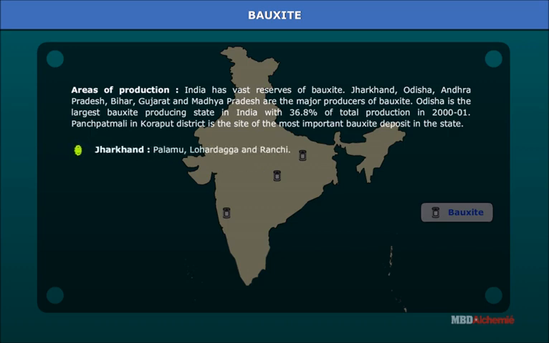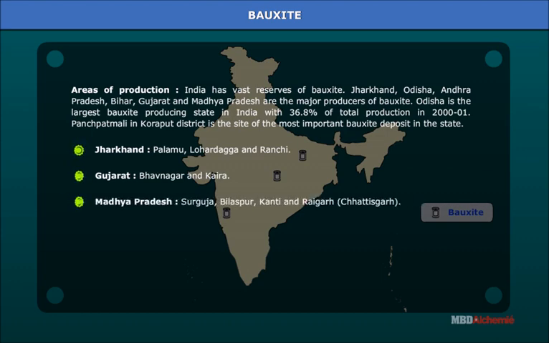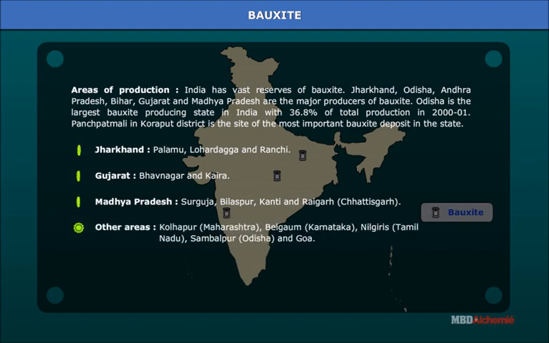Jharkhand: Palamu, Lohardaga and Ranchi. Gujarat: Bhavnagar and Kaira. Madhya Pradesh: Surguja, Bilaspur, Katni and Raigarh, Chhattisgarh. Other areas: Kolhapur, Maharashtra, Belgaum, Karnataka, Nilgiris, Tamil Nadu, Sambalpur, Odisha and Goa.